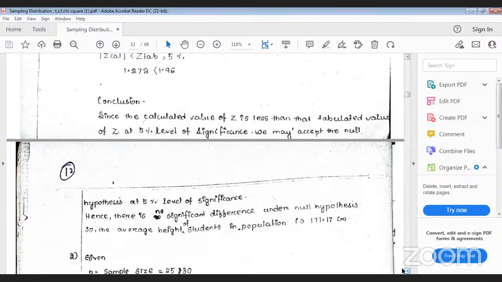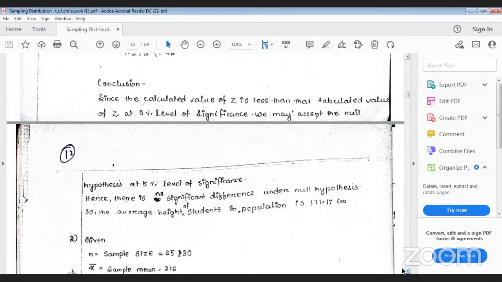So the average height of students in the population is 171.17 centimeter. It is true. The assumption that the population mean height of the students is 171.17 centimeter is true by this testing of hypothesis. I think all of you are clear on this problem.